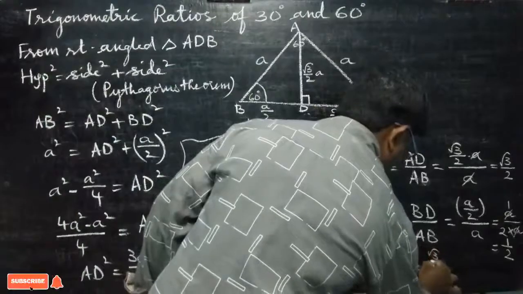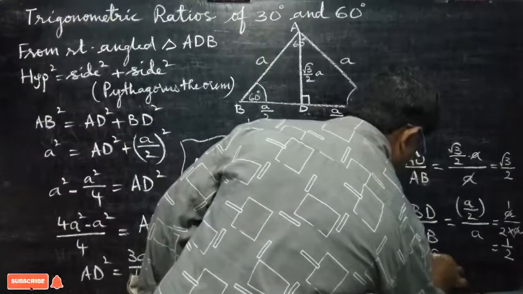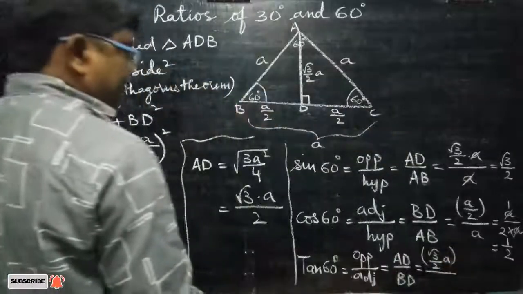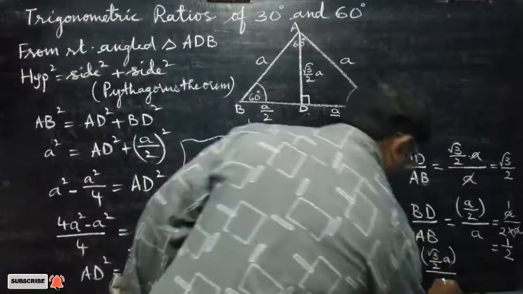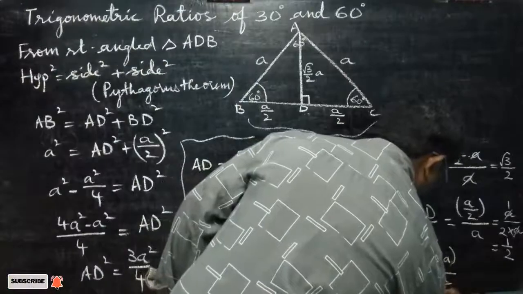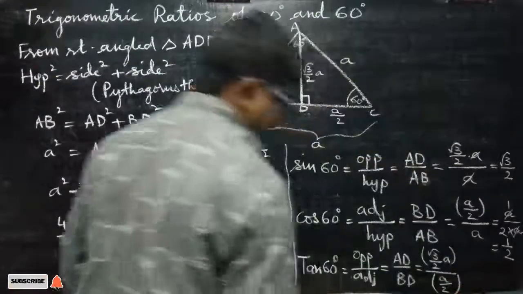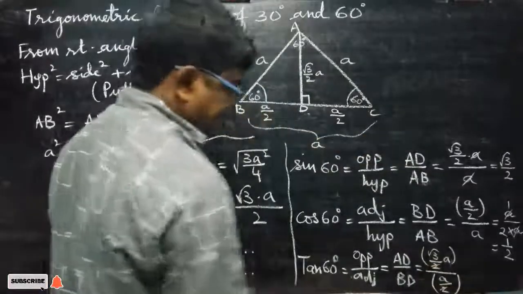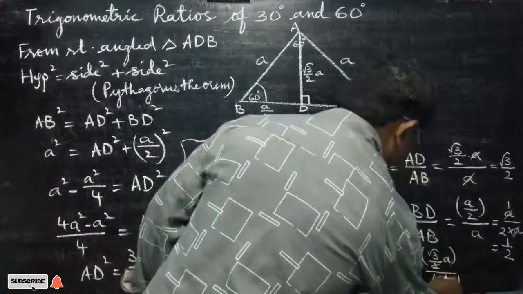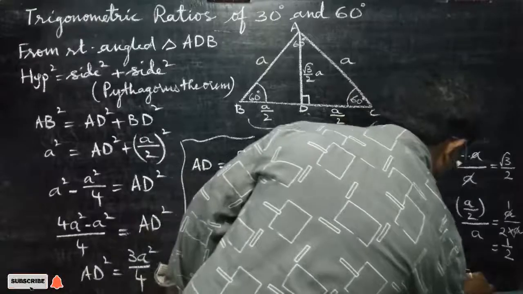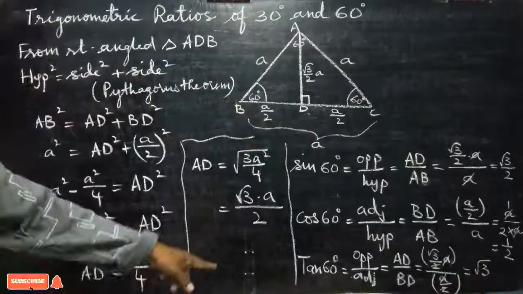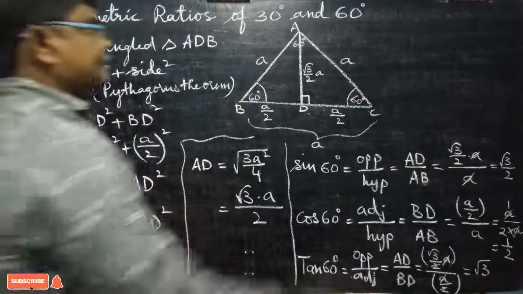Numerator root 3 by 2A, divided by A by 2 in the denominator. A gets cancelled. A goes in A one time, and how much you got means root 3 you got. So tan 60 is equal to root 3.